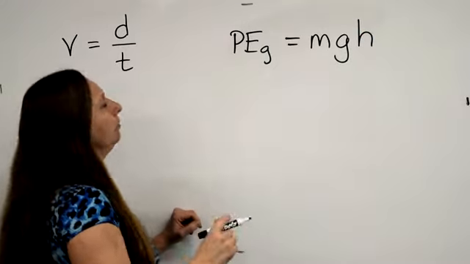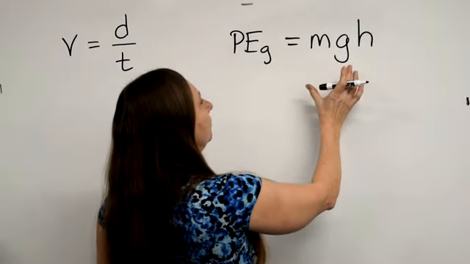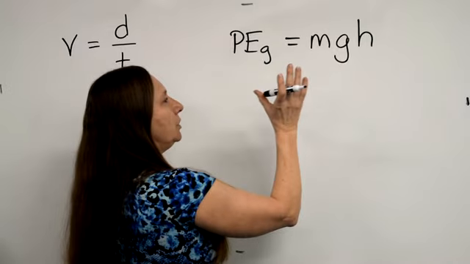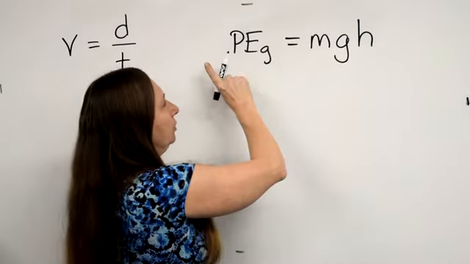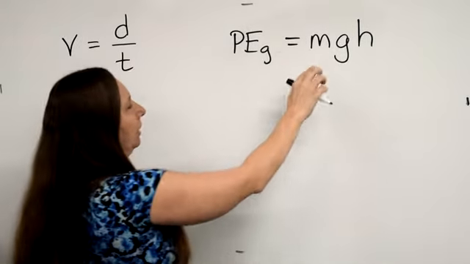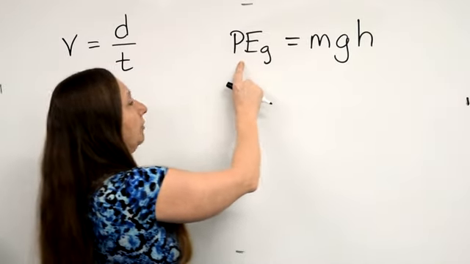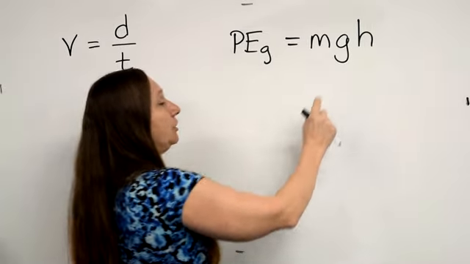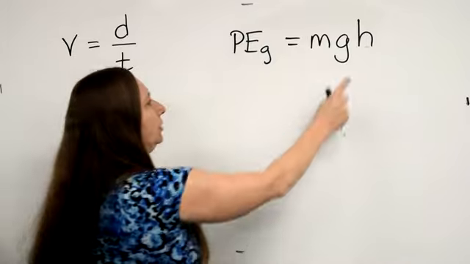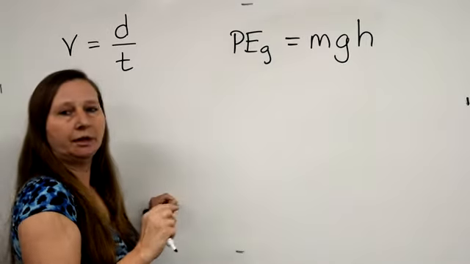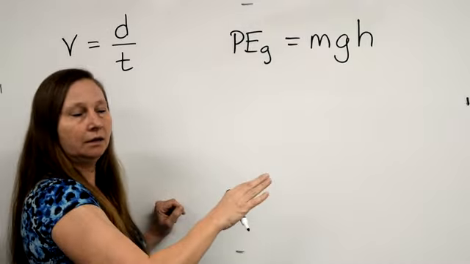All right, now somebody will say to you, the way they're written right now, okay, mass is directly related to PEG, acceleration due to gravity is directly related to PEG, and height is directly related to PEG. We got that.